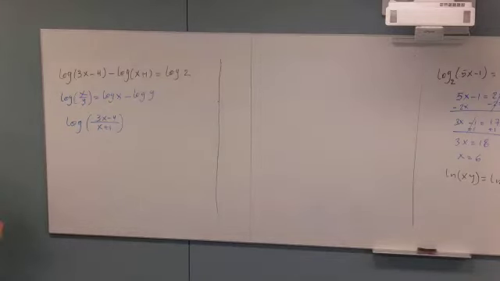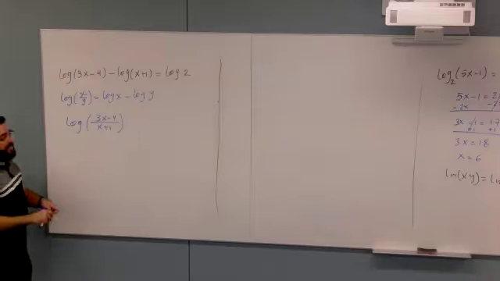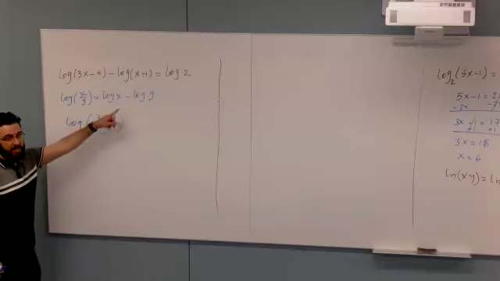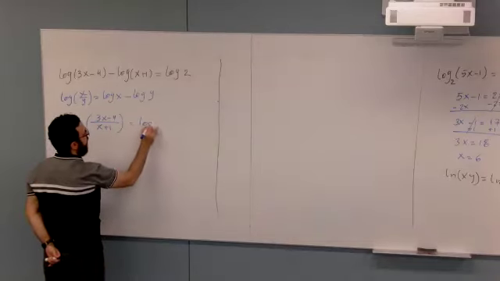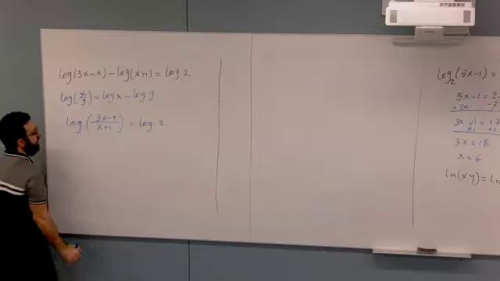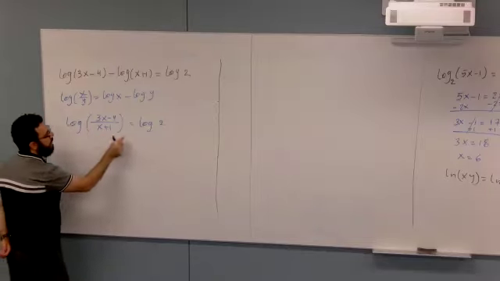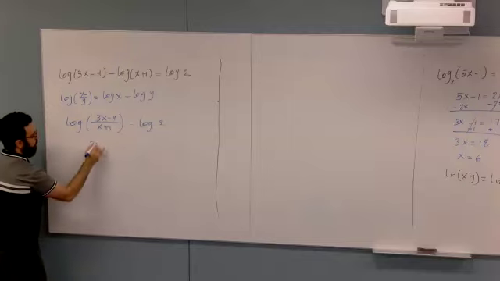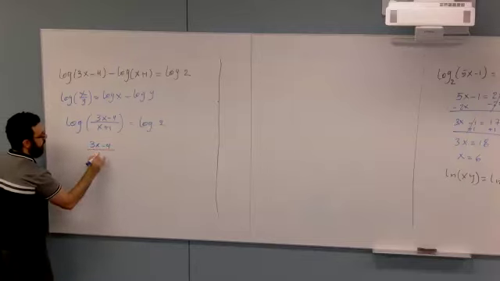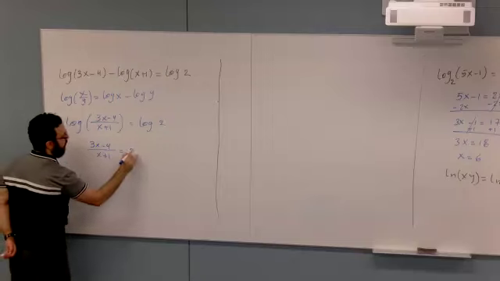The properties. In the beginning of this section, we learned these properties. Now, where is the other side? Log 2. Now, log x equal log y. Can I say x equals y? 3x minus 4 over x plus 1 equal 2.